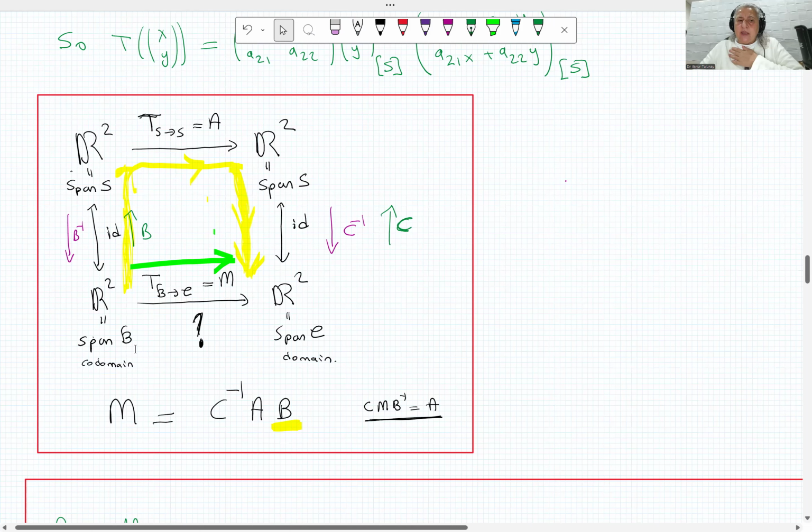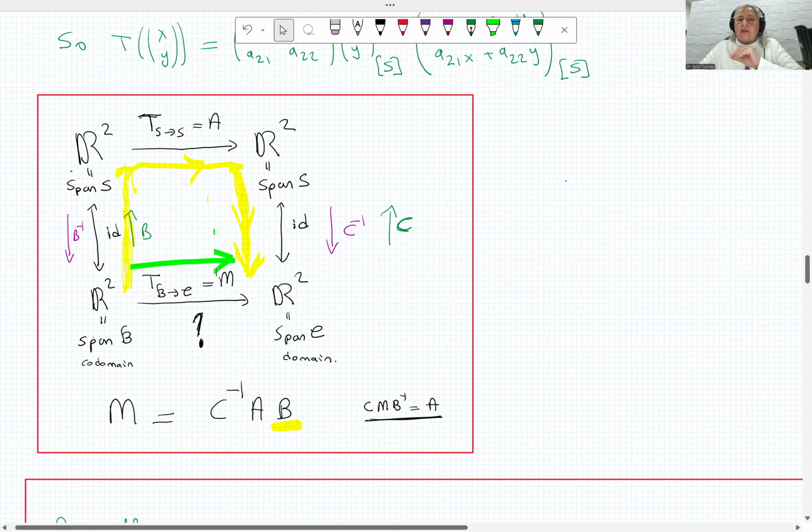Assume we have another basis for the codomain, let's say B, and another basis for the domain, let's say C. And then now our question is, what is the matrix form such that the basis of the codomain is B and the basis of the domain is C?